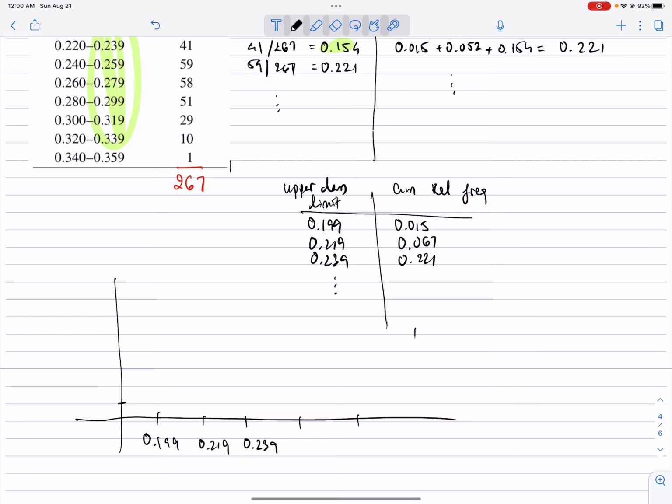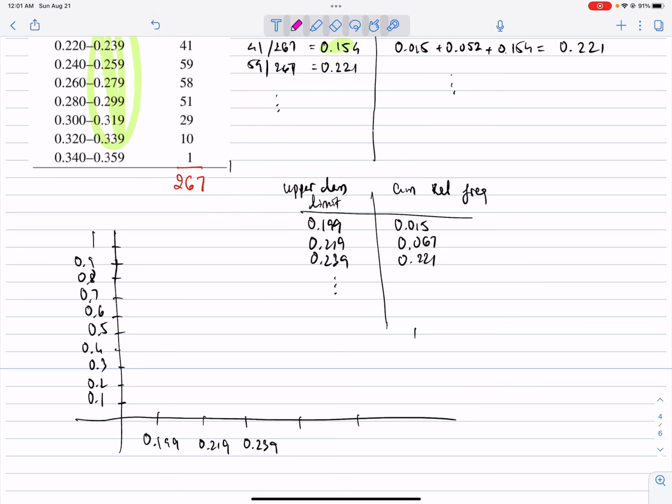If you want, you can label like 0.01, but that would be too little, right? So we're going to label 0.1, 0.2, 0.3, 0.4, 0.5, 0.6, 0.7, 0.8, 0.9, and here's 1.